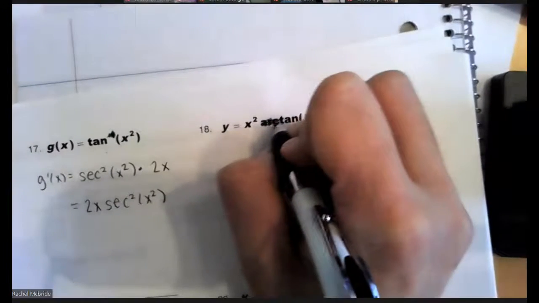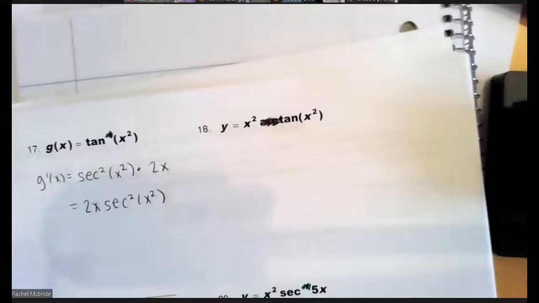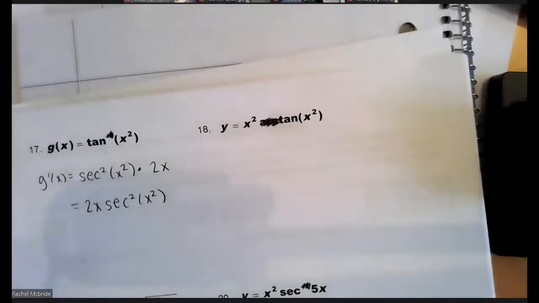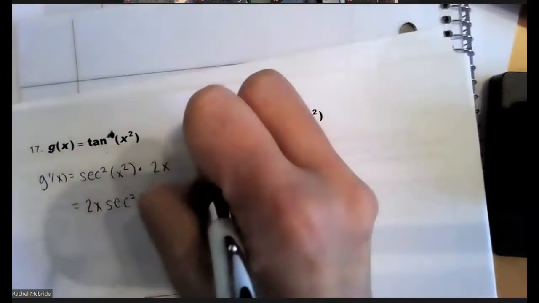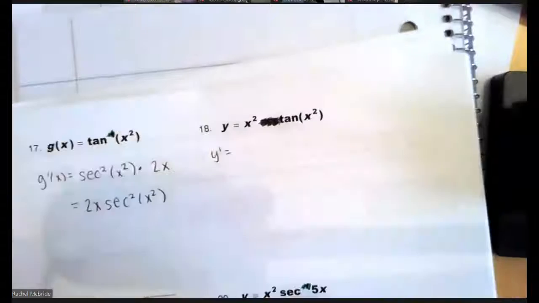Okay, 18. Hopefully you realize that I told you guys to ignore all the inverses. If you did not, we're going to cross out that arc. Again, arc means inverse. So we're going to treat this like a product rule.